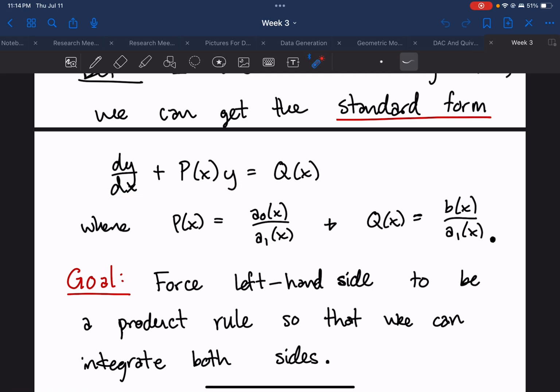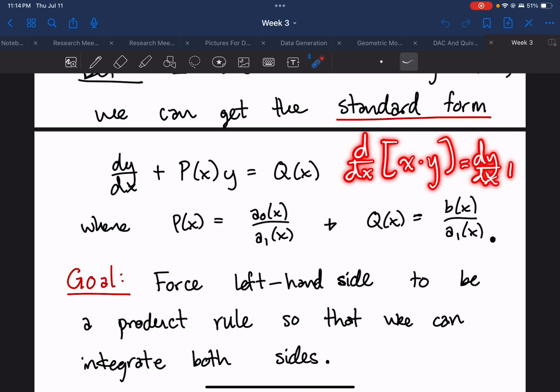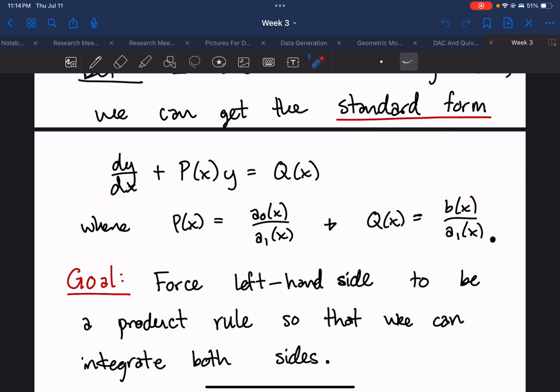Do we see that? Like if you took the derivative d dx of like x times y, you'd get a term with dy dx times x, plus you'd get a term with just y in it, right? That's the idea. When you take a derivative of a product, you're going to get a dy dx and then a y separated by addition with some function of x floating around.